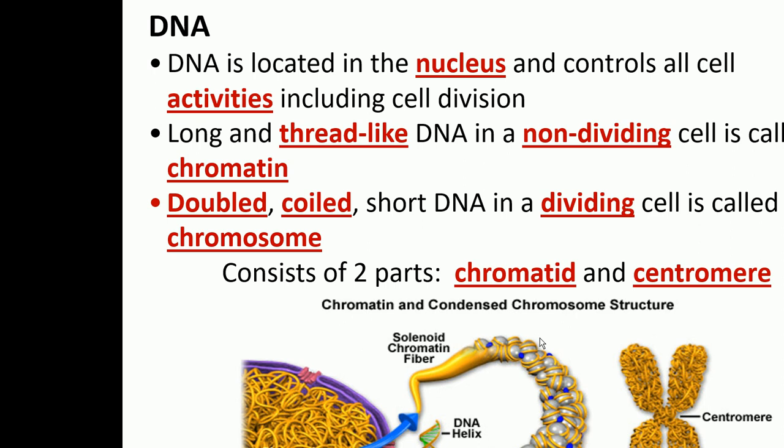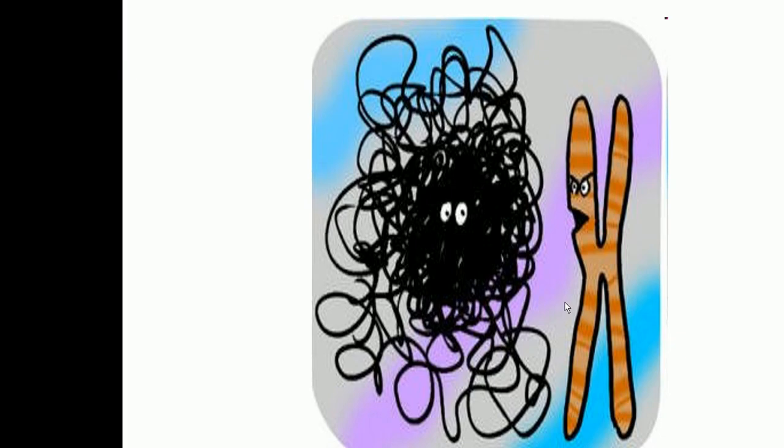As I said, this duplicated chromosome will be visible when the DNA has been duplicated. We're going to talk about the stages of interphase in which the duplication of DNA takes place. Because the DNA duplicates, this chromatid is actually a copy of this chromatid. So these two chromatids are called sister chromatids.